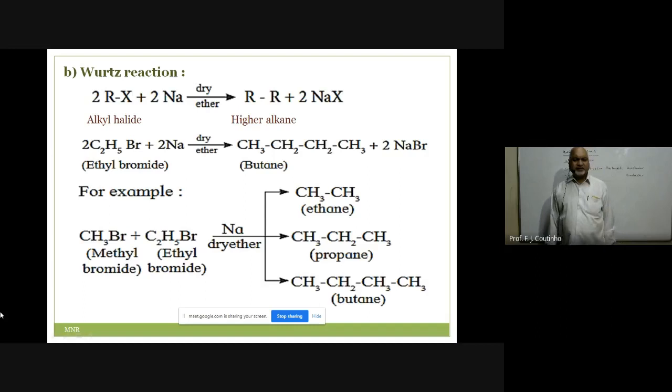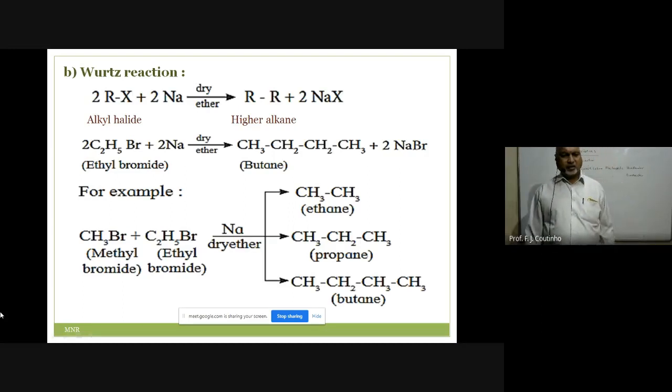If you go further, methyl bromide is treated with ethyl bromide. Here one is odd and one is even: odd is methyl bromide, even is ethyl bromide. With sodium, you get a mixture of products. You get coupling of two molecules of methyl bromide, and that's why you get ethane, CH3-CH3.